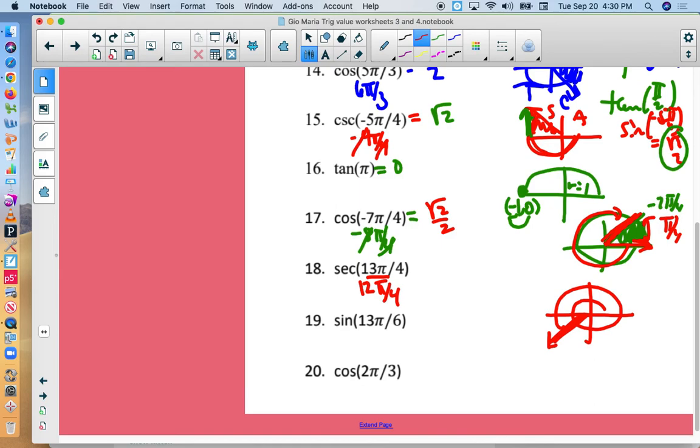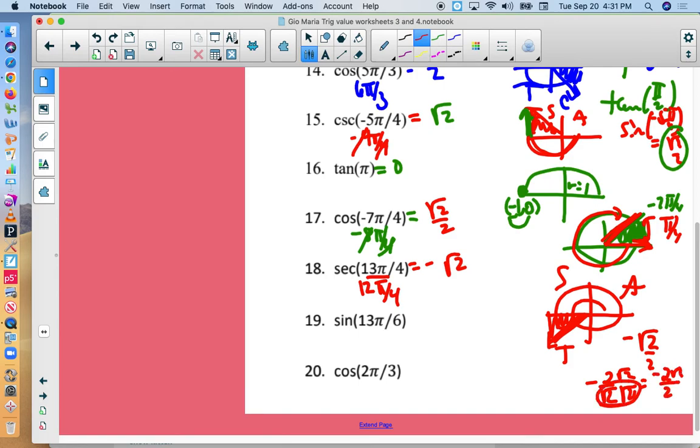The cosine of a 45-degree angle is square root of 2 over 2. Flip it over and check the sign if you like. Tangent's positive, so I know that cosine was going to be negative. Remember, when you flip this over and rationalize it, you just get negative root 2.